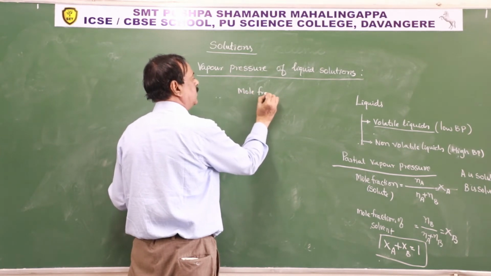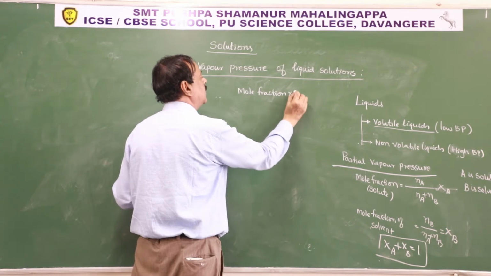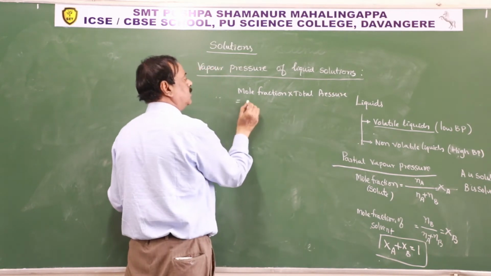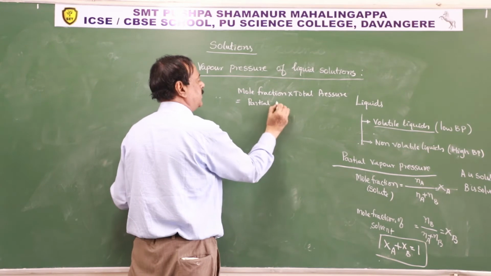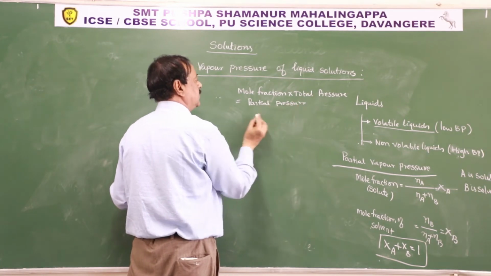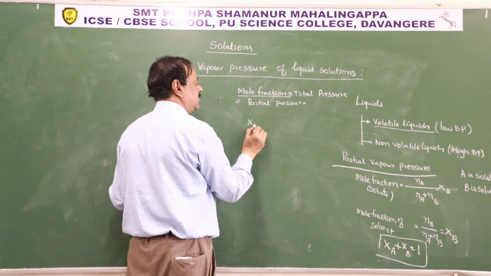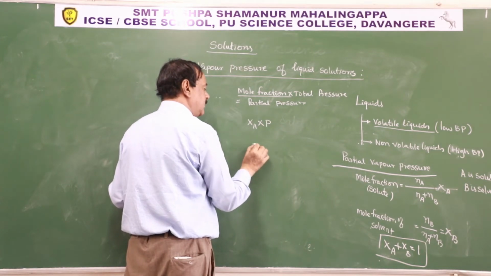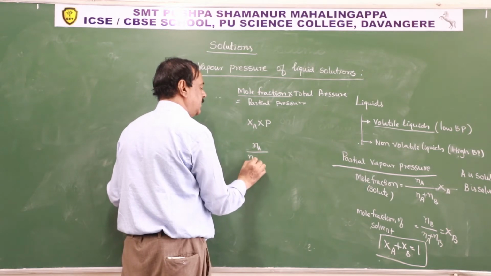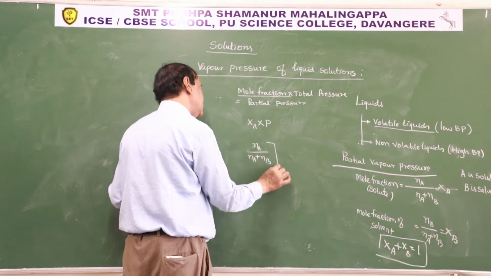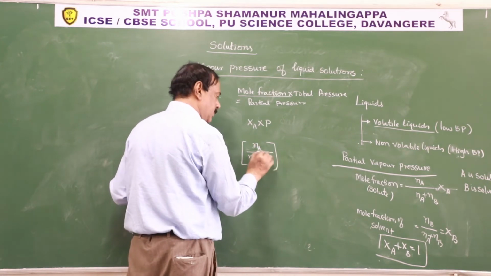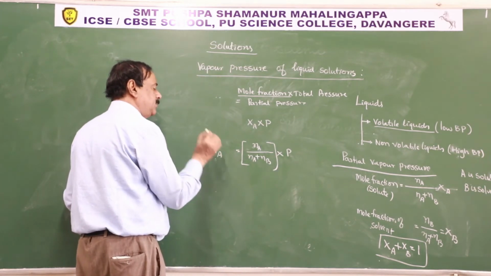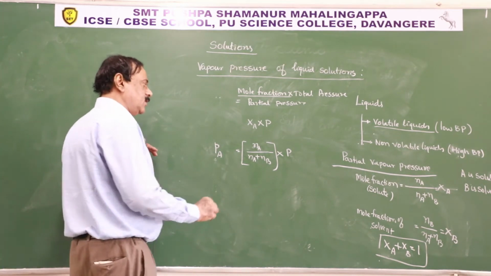If the mole fraction is XA, given by Na divided by Na plus Nb, into the total pressure of the system, suppose that is P, this is called the partial pressure of the component A.